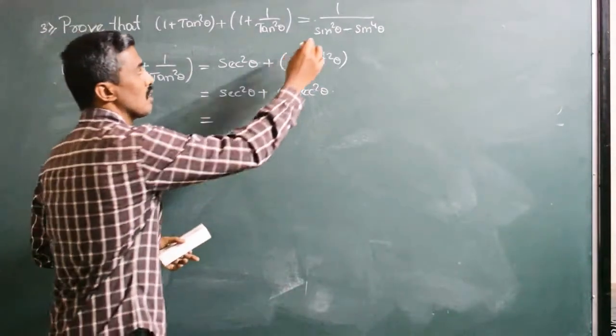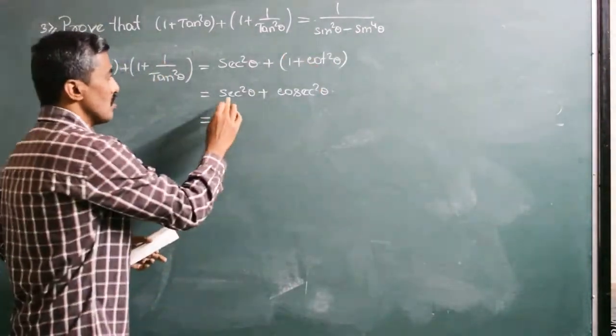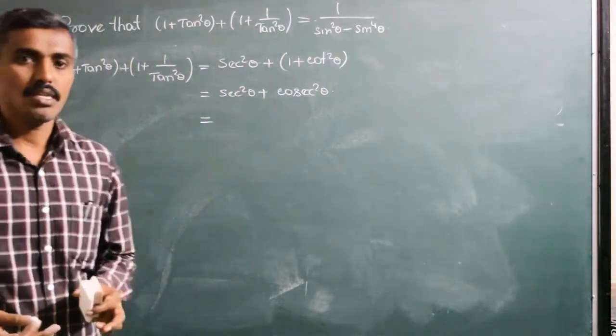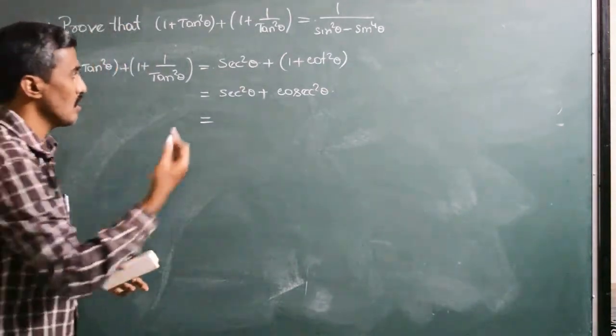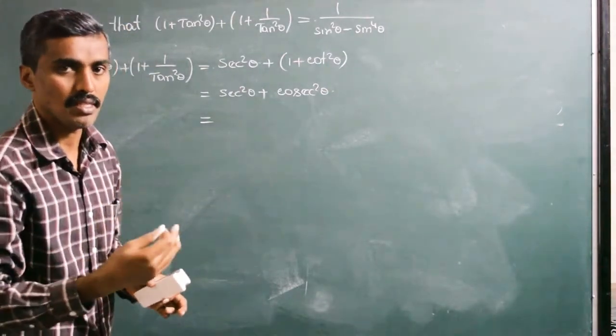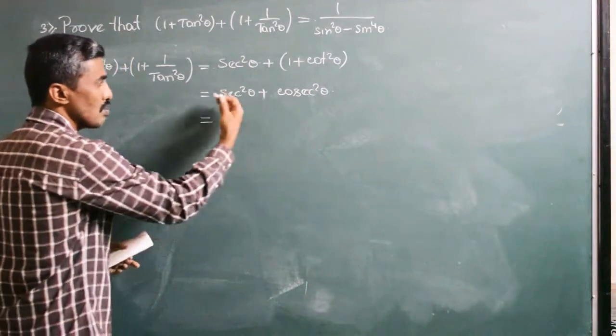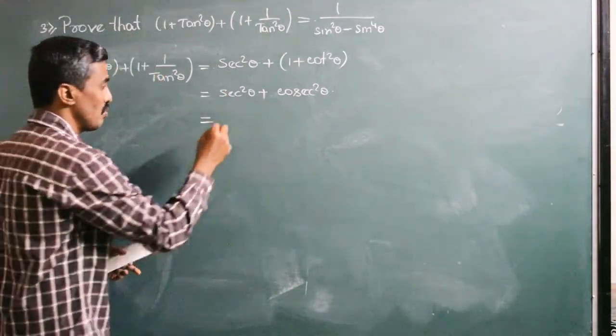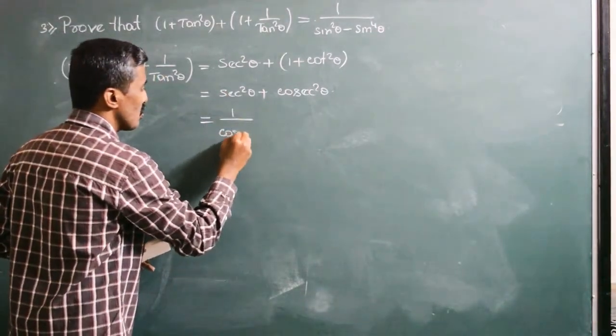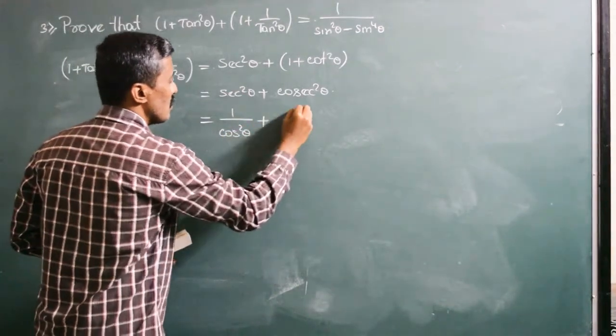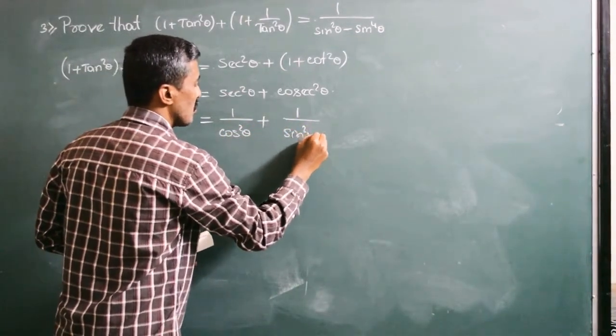What we require is in terms of sine. Secant theta is the reciprocal of cos theta and cosecant theta is the reciprocal of sine theta. So therefore in the next step express both the terms in reciprocal form, that is 1 by cos square theta plus 1 by sine square theta.